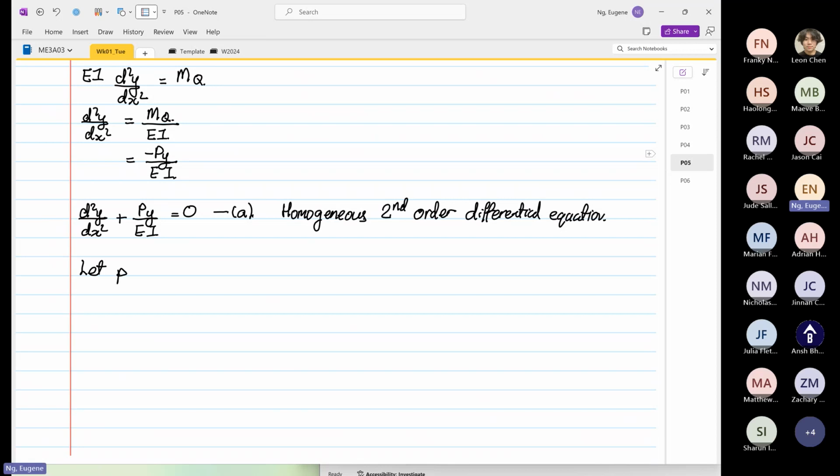Okay, we know that. So what we're going to do next, I'm going to let small p, this is different, the previous one is capital P. Small p is equal to the square root of big P over EI.